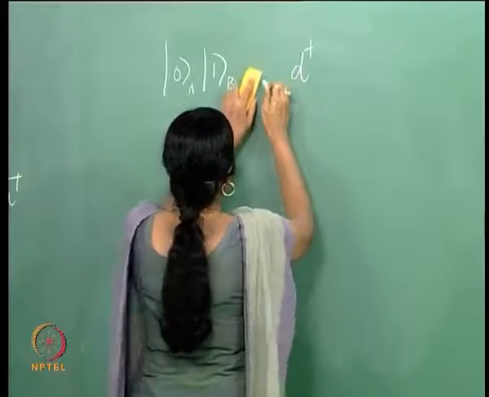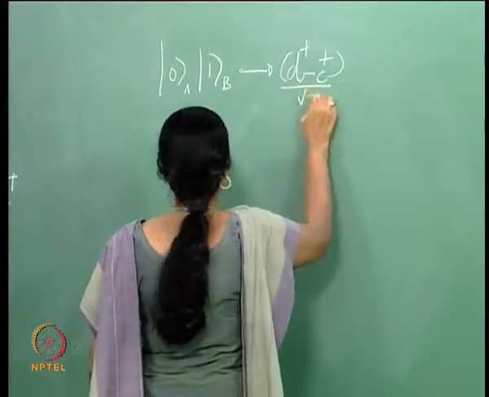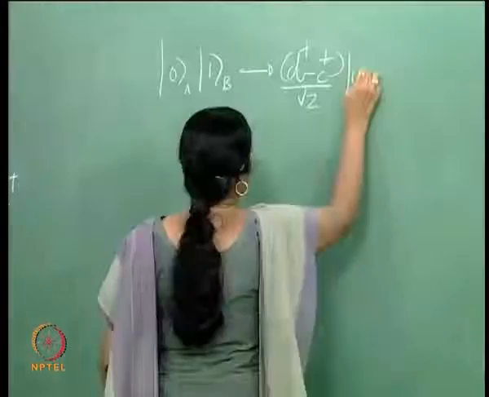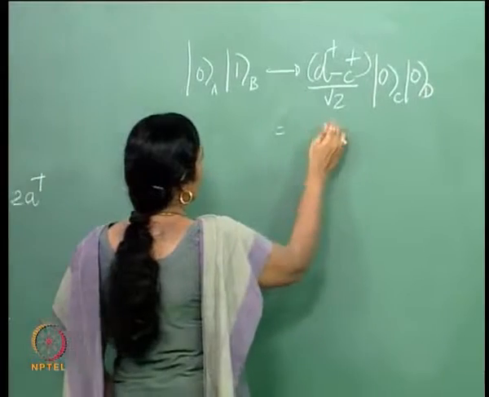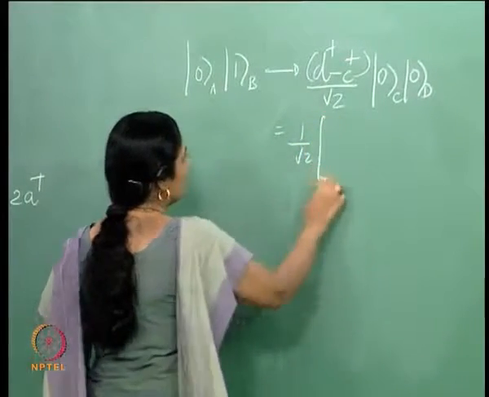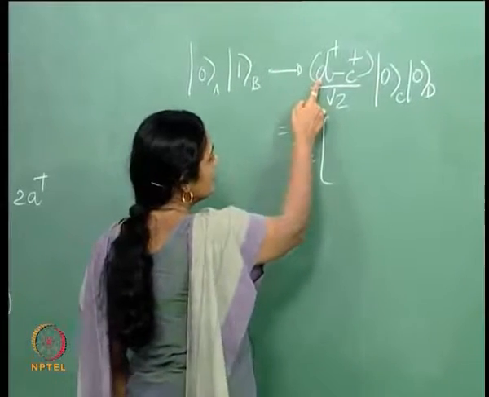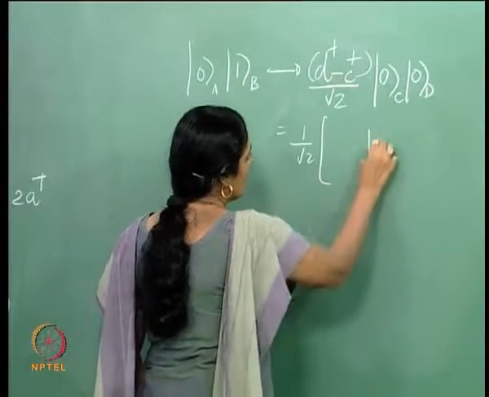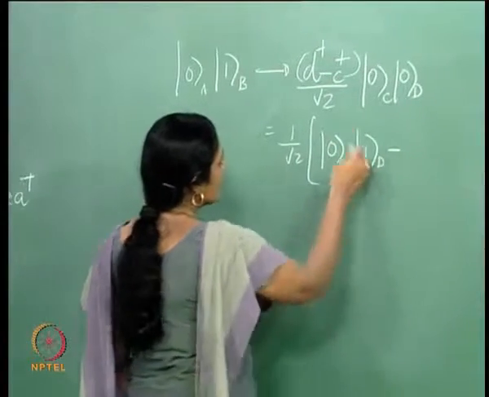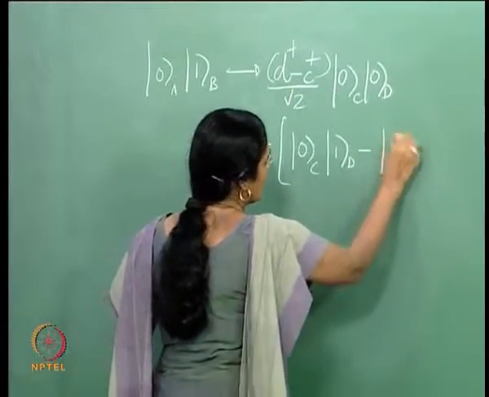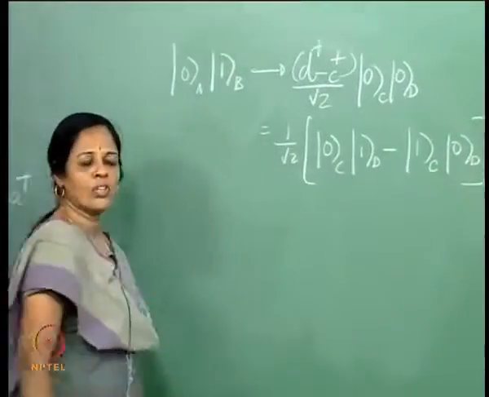This goes to D dagger minus C dagger by root 2 0C 0D, but that is 1 by root 2. The first term is D dagger acting on 0D, giving me 1D, leaving 0C alone. Then the second term is C dagger acting on 0C, leaving 0D alone, and this is what I get.